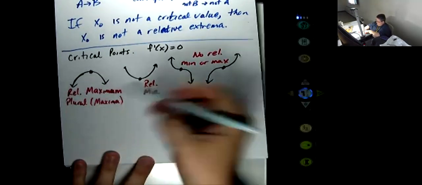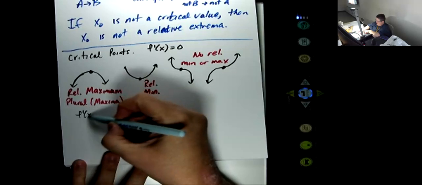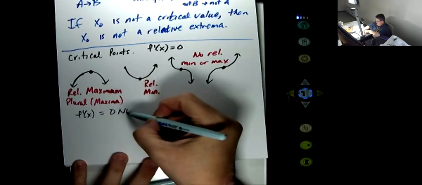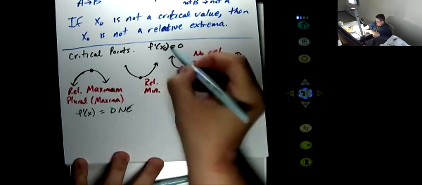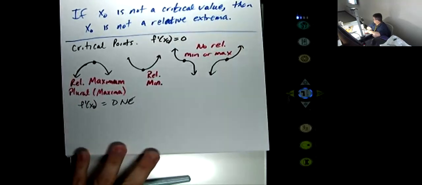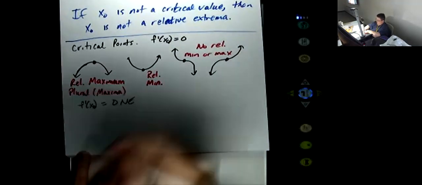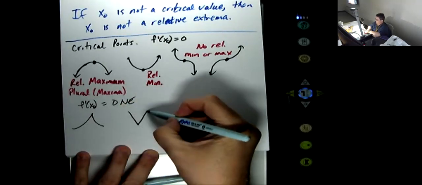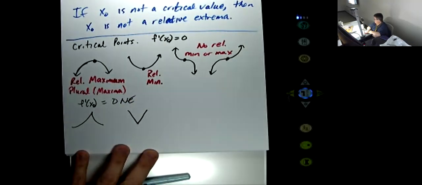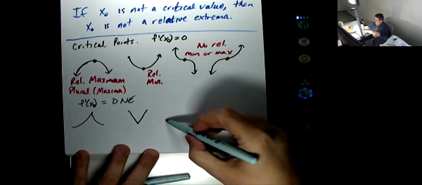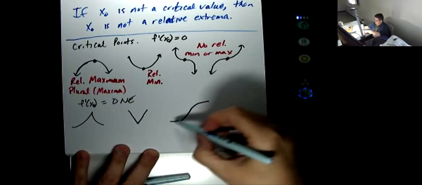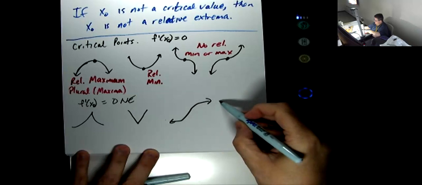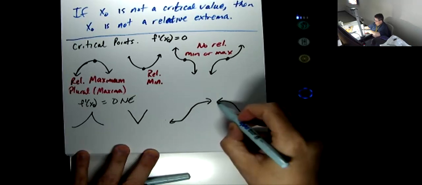And then if we look at the ones where f prime of x does not exist, we could have something like this, an absolute value function. And I showed an example earlier, but we could do these.